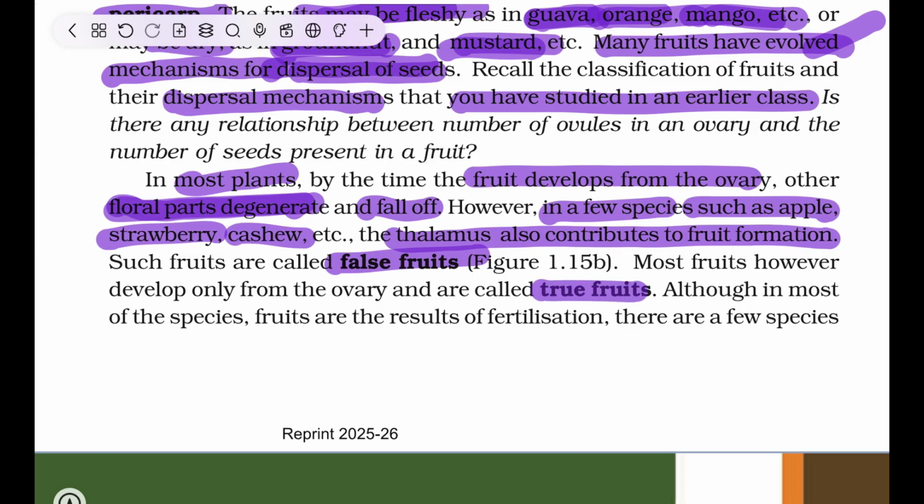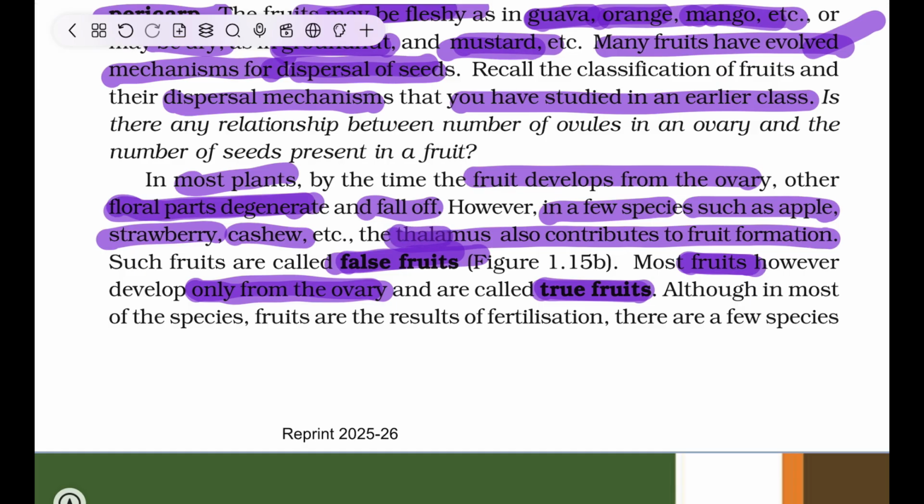What are true fruits? When the fruits form only from the ovary, that is called true fruits. What are false fruits? When the fruits form from any part other than the ovary, then it is called a false fruit.